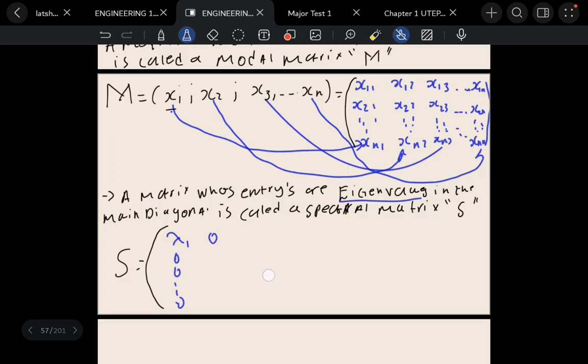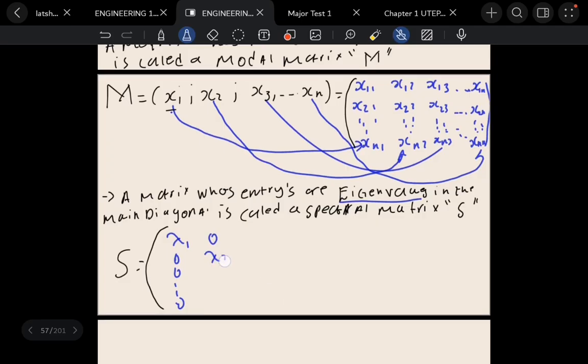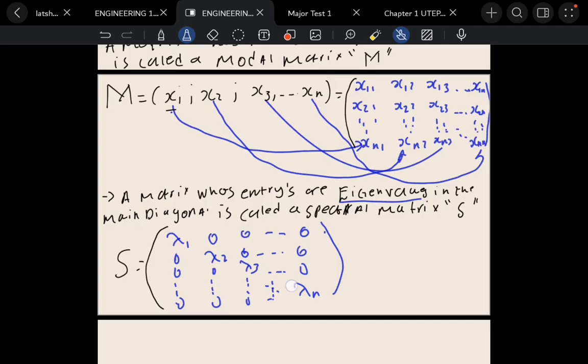Your second column must be 0, lambda 2, 0, and then 0, 0, lambda 3, until you have 0, 0, 0, lambda n. So lambda 1 corresponds to the first eigenvector, lambda 2 to the second, lambda 3 to the third, and lambda n corresponds to xn.